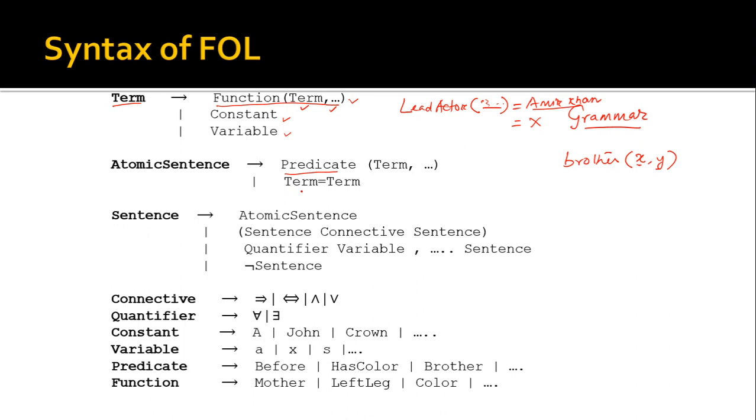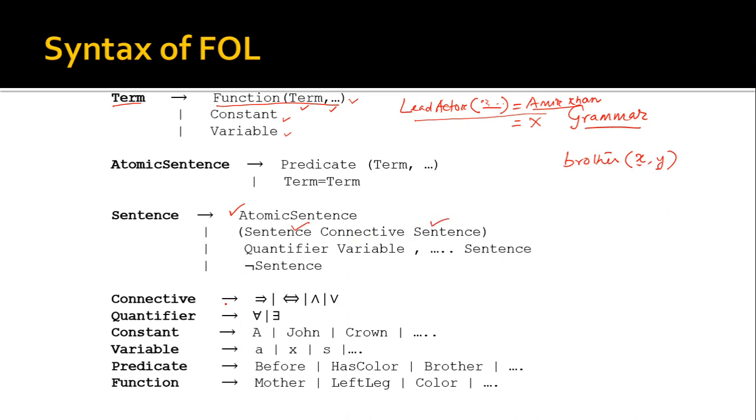And another atomic sentence you can write is term equal to term, an example of which we have already given, right? So this is an example of an atomic sentence belonging to this term equal to term template, right?